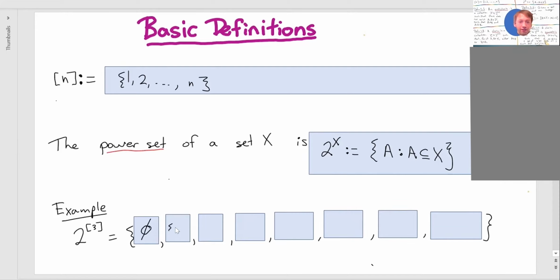Then we've got the set containing 1, 2, 3, {1, 2}, {1, 3}, {2, 3}, and {1, 2, 3}. So in particular, there are 8 elements. That's part of the reason for this notation: the size of the power set of {1, 2, 3} is 2 to the 3. There's also going to be similar notation coming that is related to that.